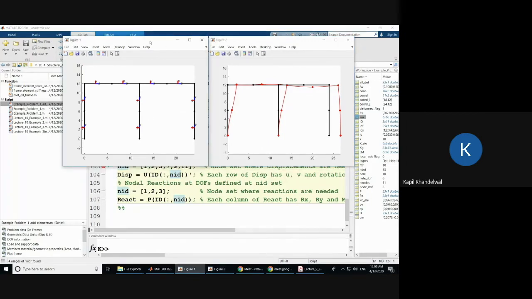I hope this helps you understand that we can add more nodes to every element and do a better analysis, or if you want more information for an element, we can keep adding nodes.